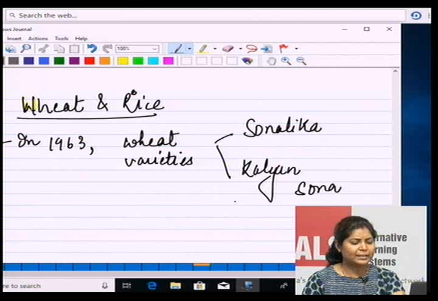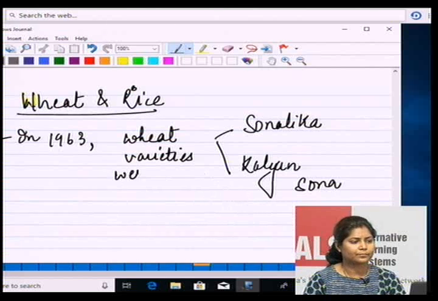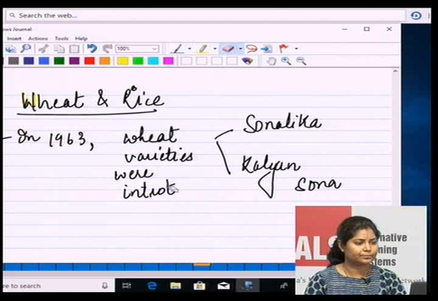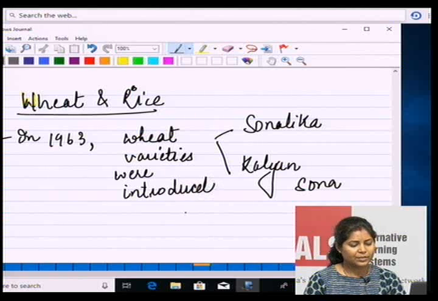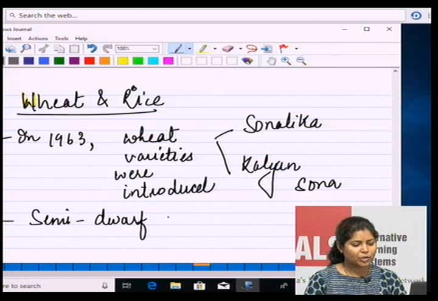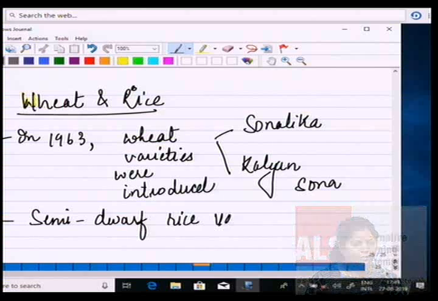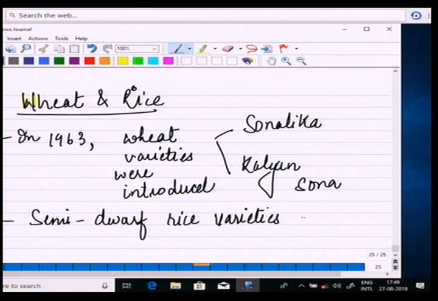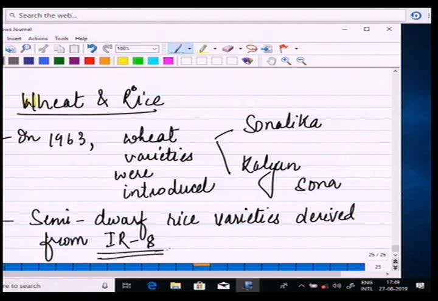Both of them were introduced. And what we have is semi-dwarf rice varieties derived from IR8.